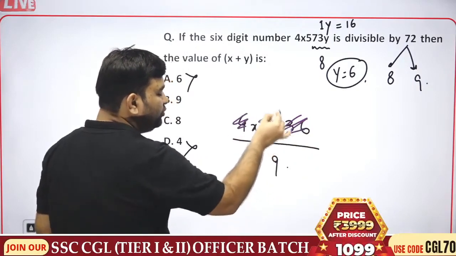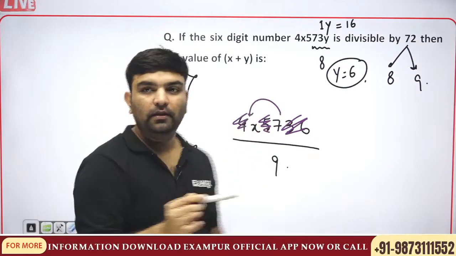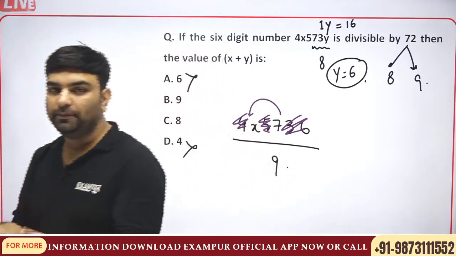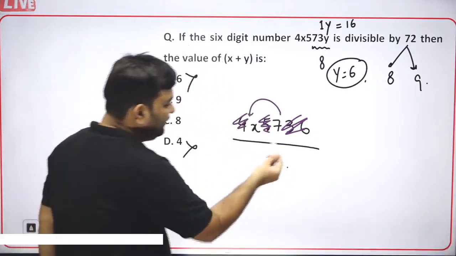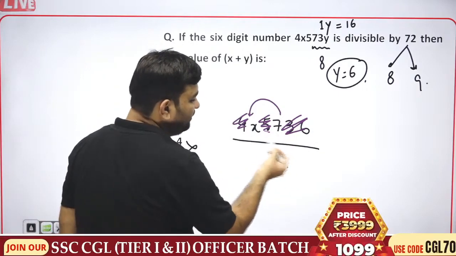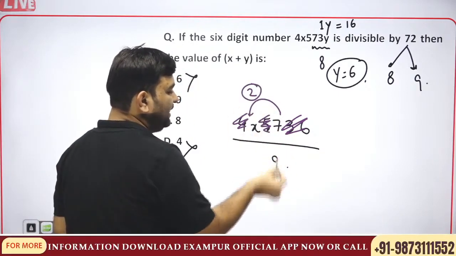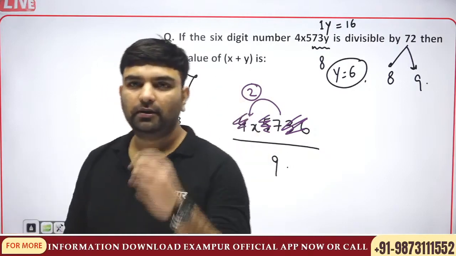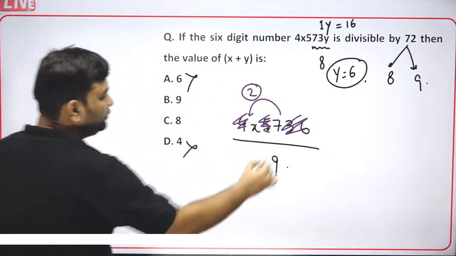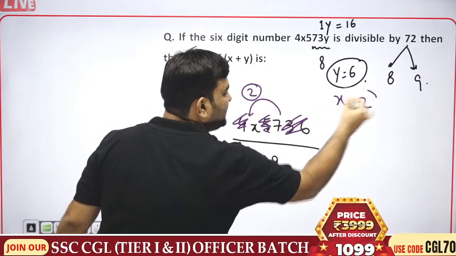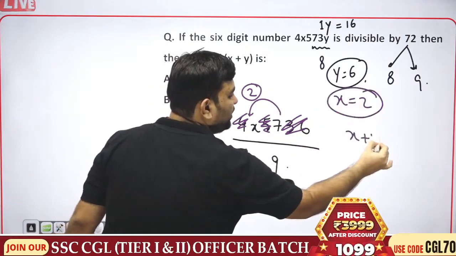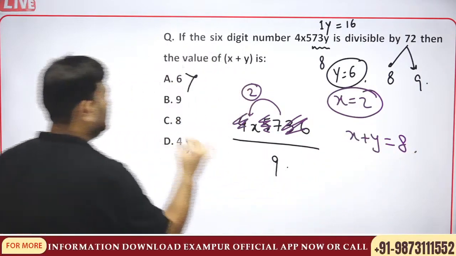What should we add to make it a multiple of 9? 7 plus 2 is 9, a multiple of 9. So x is 2. What is x plus y? 2 plus 6, that is 8.